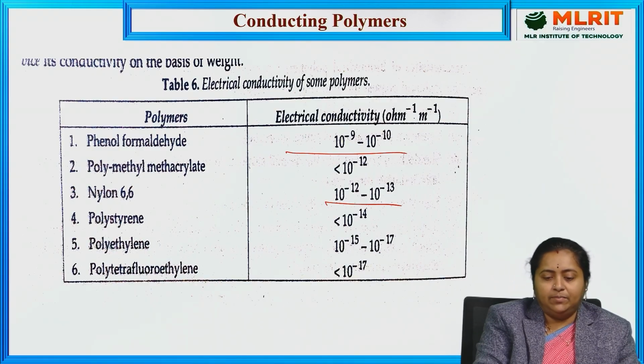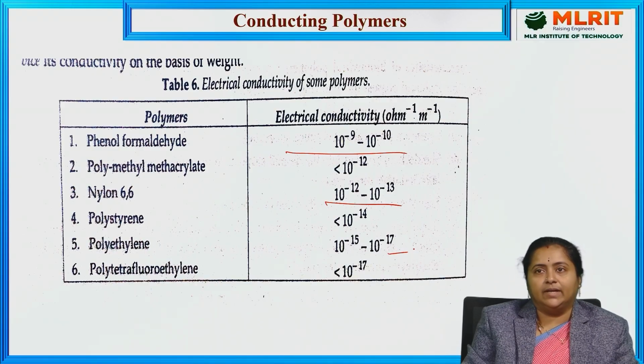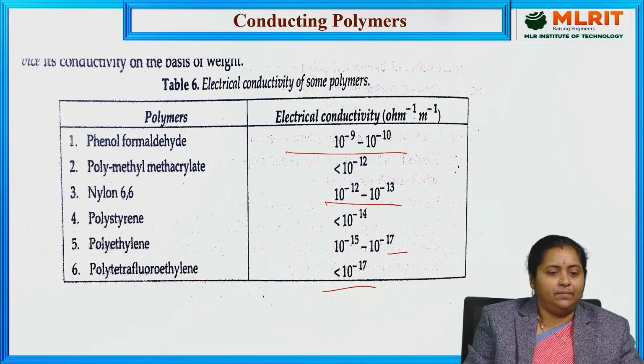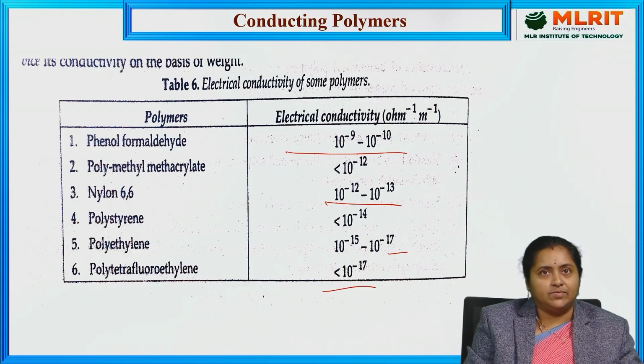Polyethylene exhibits conductivity in a range of 10 power minus 15 to 10 power minus 17, and polytetrafluoroethylene less than 10 power minus 17. These are based on their conductivity ranges, the electrical conductivities of some polymers.